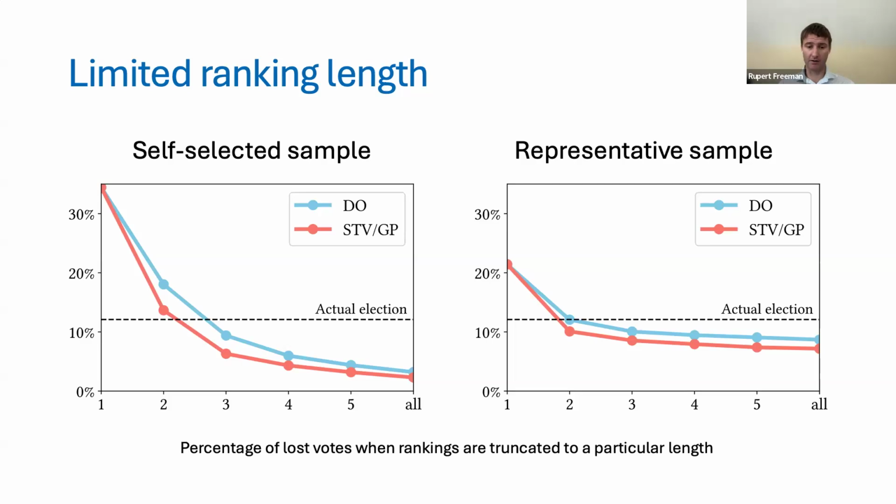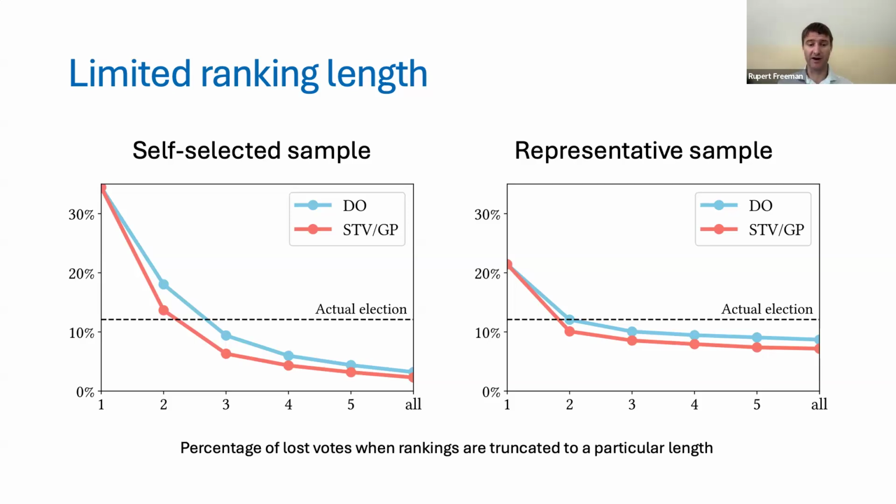We weren't relying on dropping down to people's 4th, 5th, 6th preferences. So we see here that simply truncating the votes somewhere between length 2 and 3 is enough to reduce the number of lost votes below what's observed in the actual election.